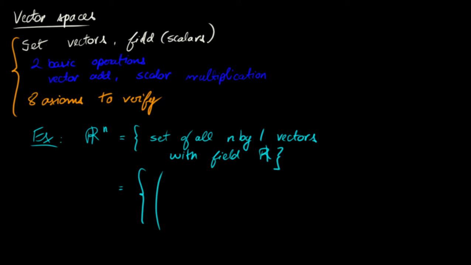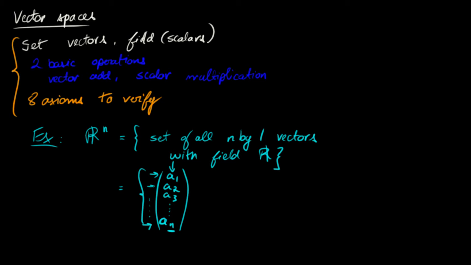What that means is that my vector space Rn is a set that looks like a vector with n number of rows and one column. So I can write them as A1, A2, A3, and so on until An. n denotes the last entry, because we're at the nth row.